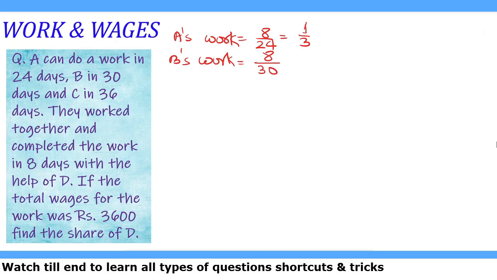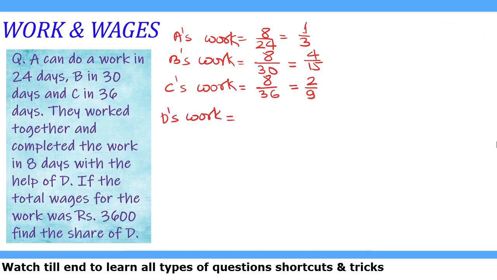So he works in 8 days, which is equal to 8 upon 30, which is equal to 4 upon 15. C's work in 8 days equal to 8 upon 36, as C completes the work in 36 days. This is equal to 2 upon 9, as 4 divides 8 for 2 times and 36 for 9 times.